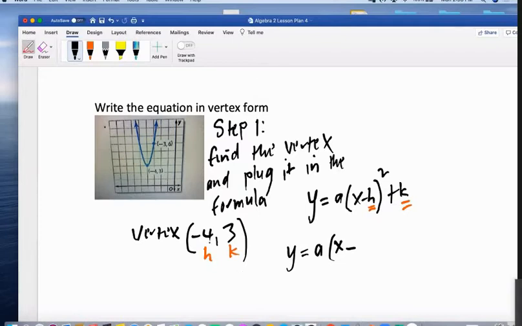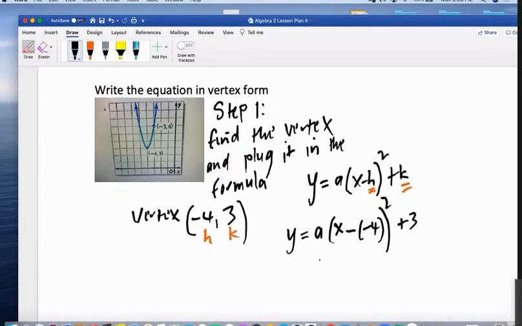Exactly. It will be minus -4, and then this will be squared, plus 3. So look what happens. Whenever you have a minus and a negative, what happens to the sign? It turns into a positive. That's the reason why.